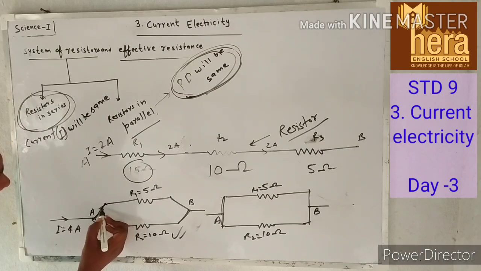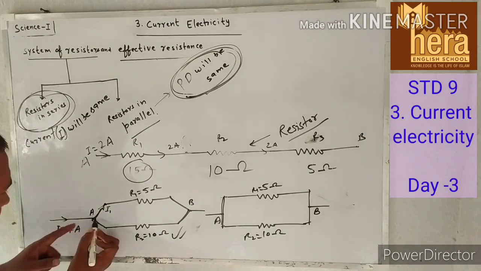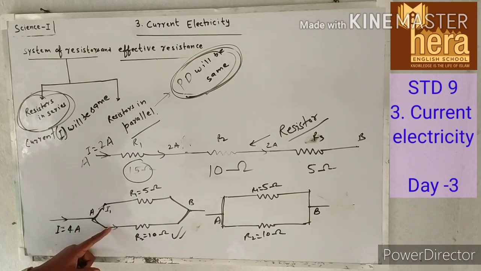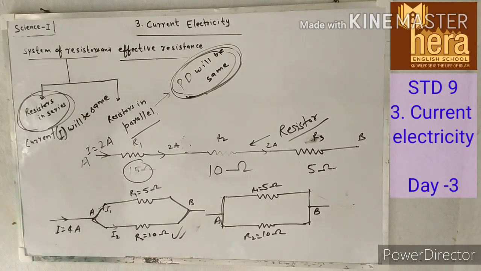So in the 5 ohm resistor current I1 is flowing, and some part of the current, I2, will go in the 10 ohm resistor. This I equal to 4 ampere will divide into two parts. We can't say it will divide into two equal parts.